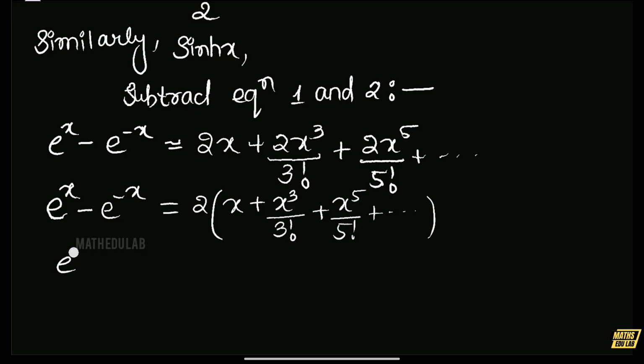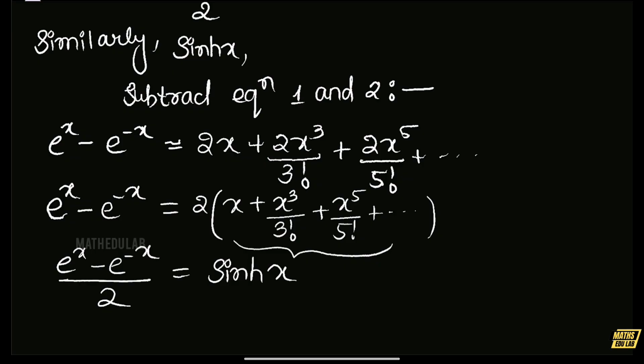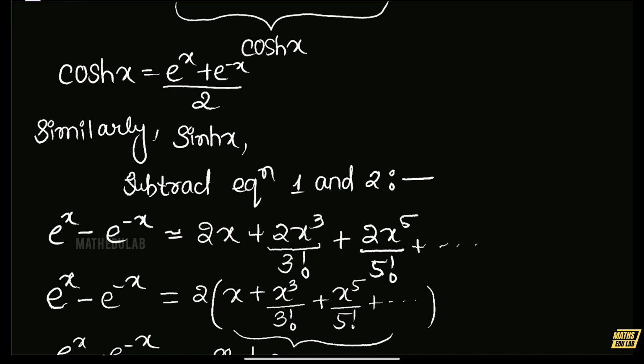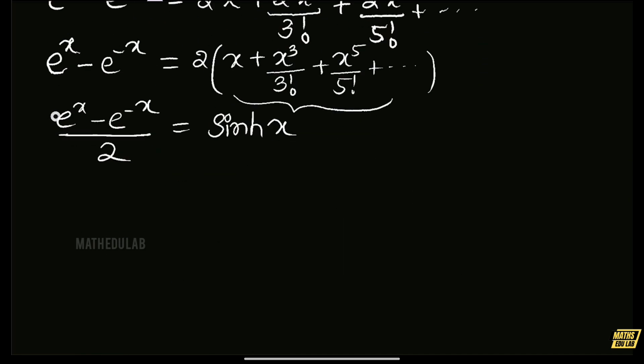Here we get e to the power of x minus e to the power of minus x by 2, and this 2 will get cancelled out, and this is our sine hyperbolic x value. So this is our cos hyperbolic x formula, and this is the sine hyperbolic x formula.